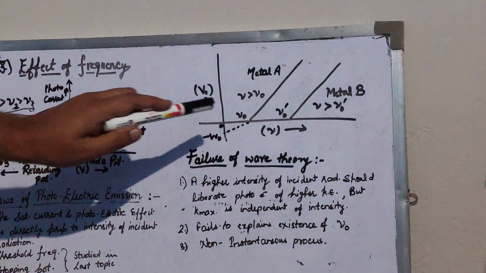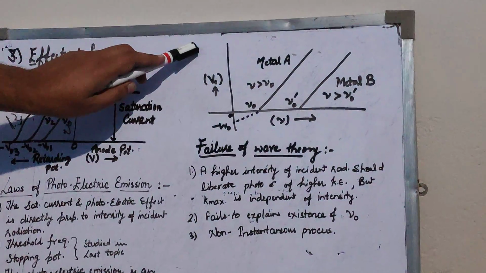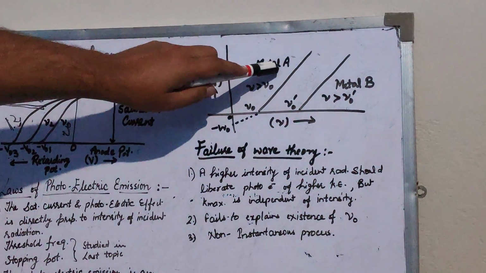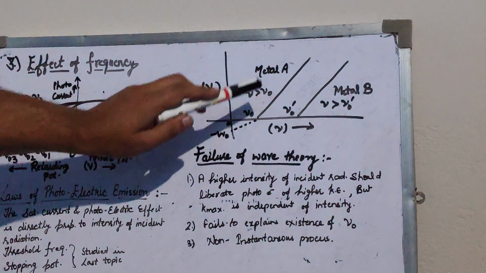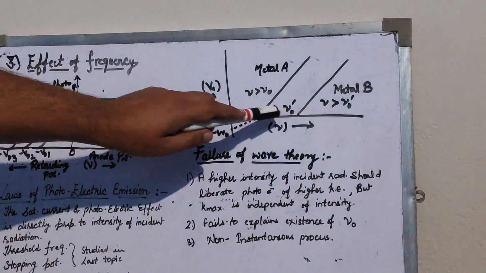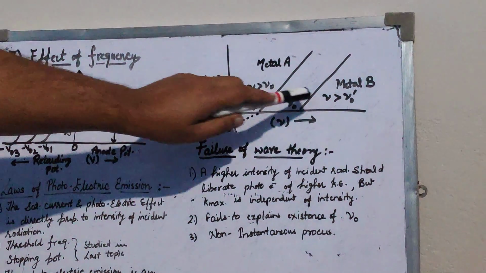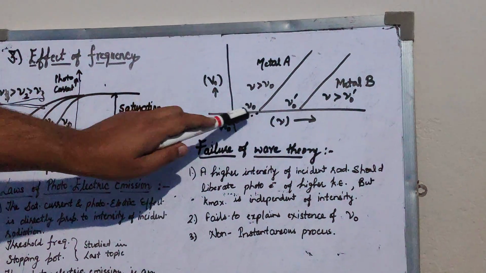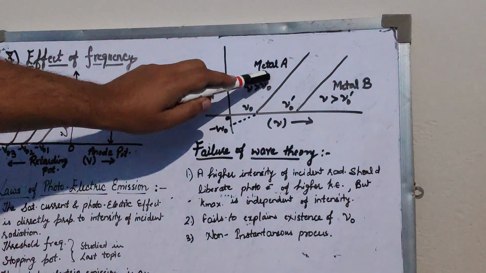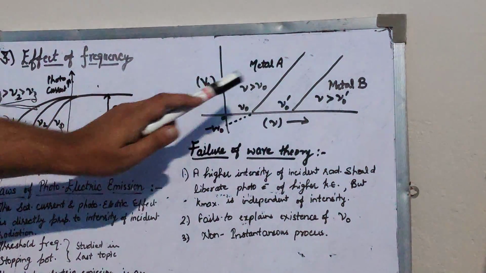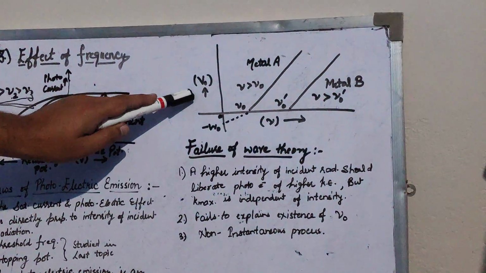Now if we plot a graph between the frequency of the incident radiation and the corresponding stopping potential for different metals, here we have two metals, metal A and metal B. This graph shows the stopping potentials against the threshold frequencies nu naught and nu naught dash. This is nu naught and this is nu naught dash. Nu naught is for metal A and nu naught dash is for metal B, and this is the variation between the frequency and the stopping potential.